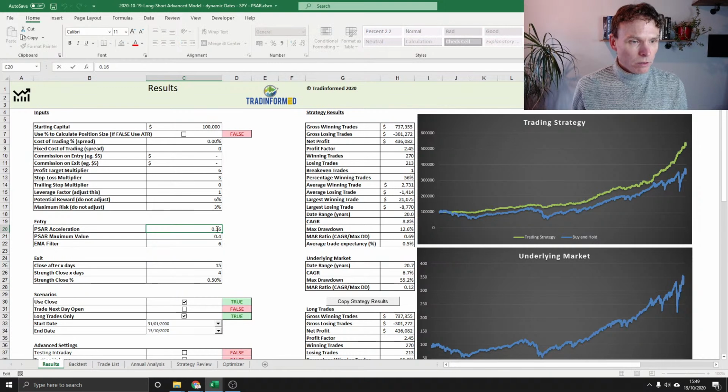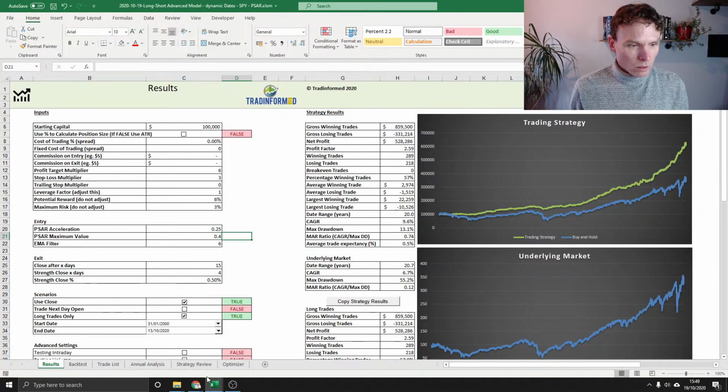So if I change that to 0.25, why don't we have a look on a chart at what this type of acceleration actually looks like.